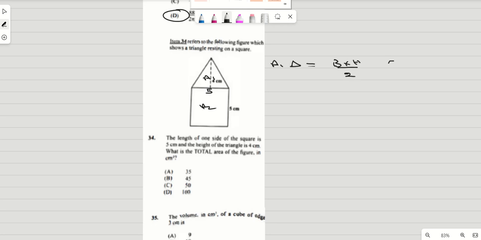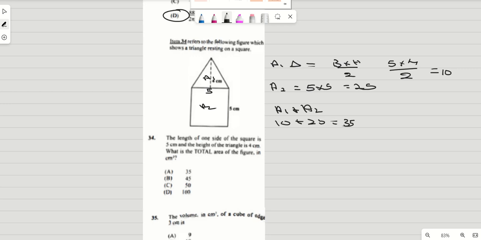Our base is 5, our height is 4, divided by 2. 5 fours are 20, 20 divided by 2 is 10. So the area of the triangle is 10. And the area of A2 would be 5 times 5, which is 25. So A1 plus A2 is 10 plus 25, which equals 35. So our answer is A.